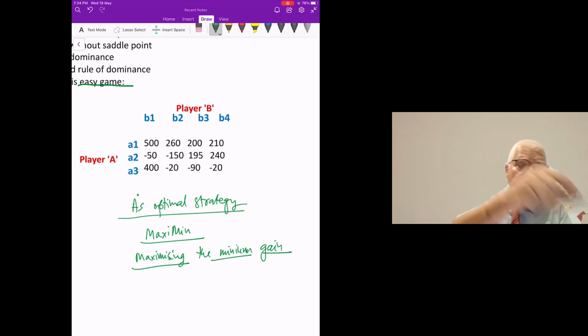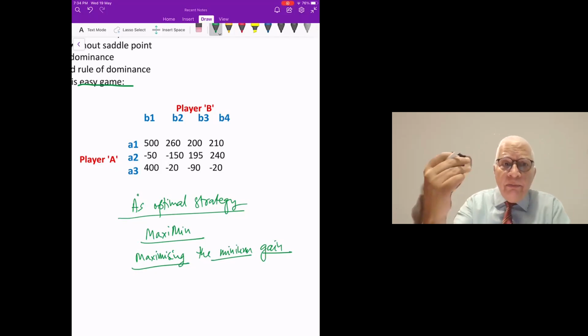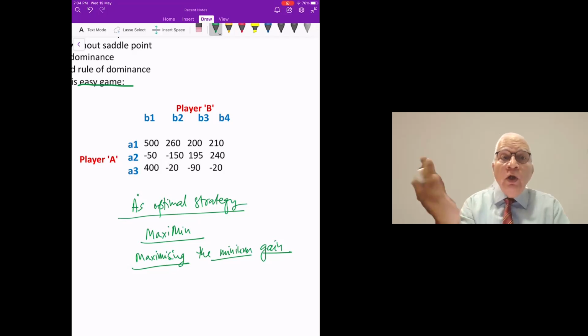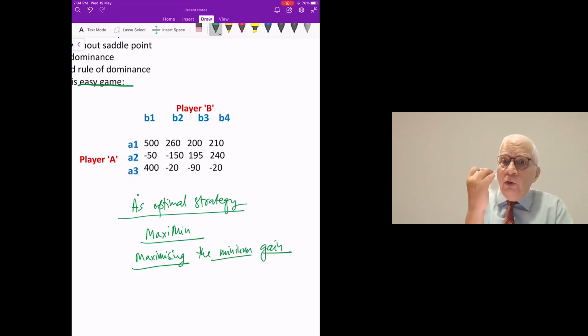What is the minimum of these payoffs? If I play strategy A1, what will be the minimum payoff? Whatever B does, B may be playing B1 or B2 or B3 or B4. What is the minimum gain out of strategy A1? So he goes by row and finds the row minimum. Let me write it down here.